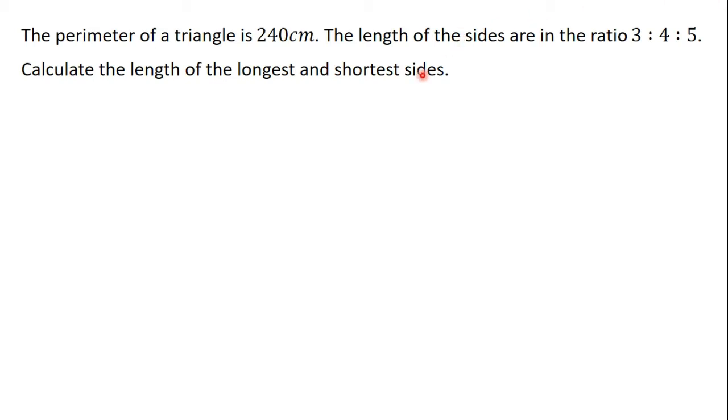So from the question, we are being told that the perimeter of a triangle is 240 centimeters and the lengths of the sides are in the ratio 3:4:5. The question wants us to use this information to find the longest and shortest sides.